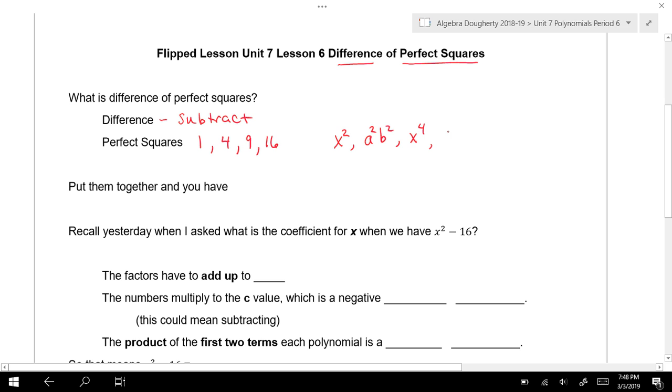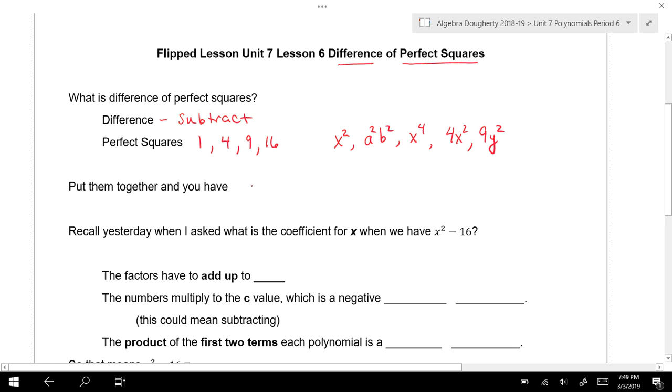You could also have a coefficient in front besides 1. You could have 4x squared or 9y squared. Variables don't always have to be x's, though we tend to like them to be. So now, if we want the difference of perfect squares, we can have two perfect squares that are separated by what sign? You guessed it, subtraction.